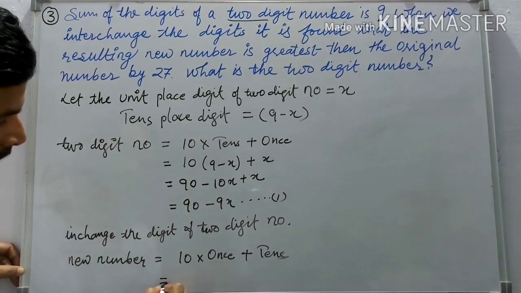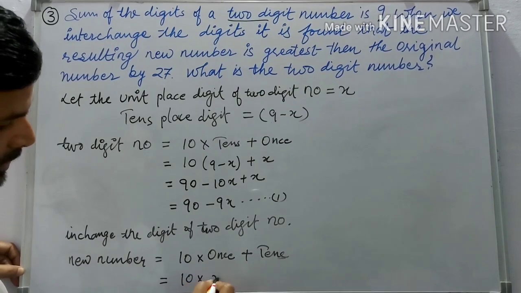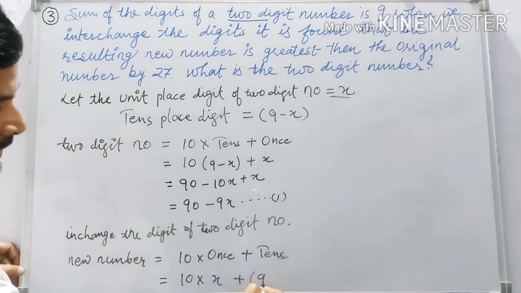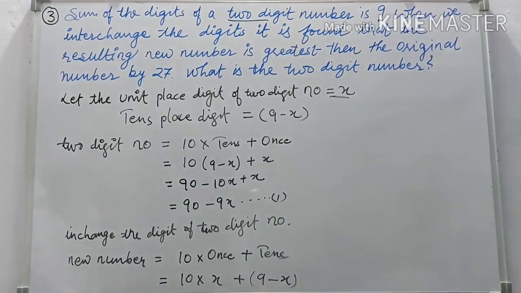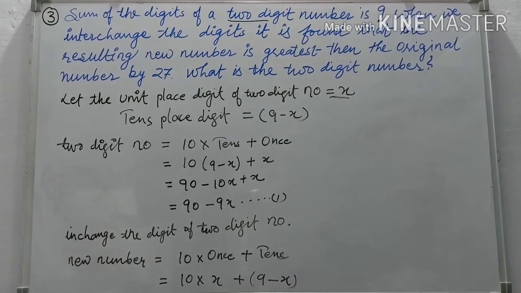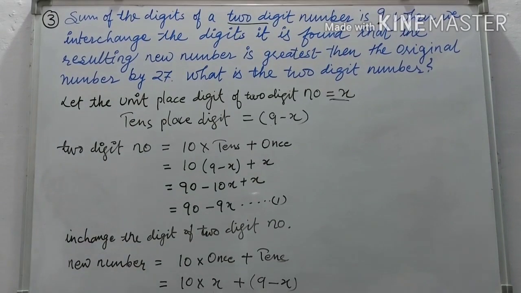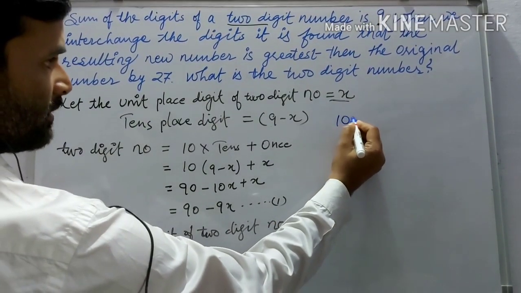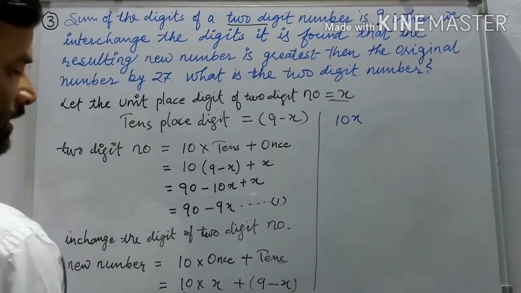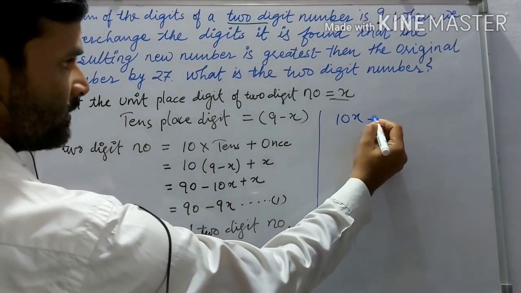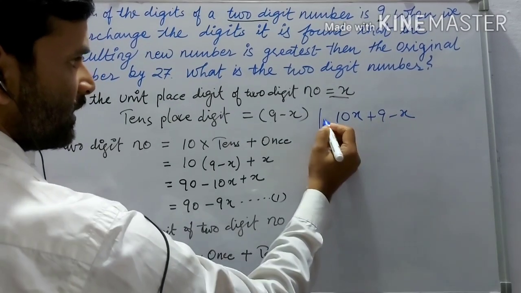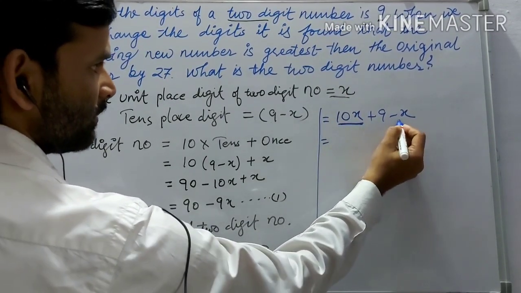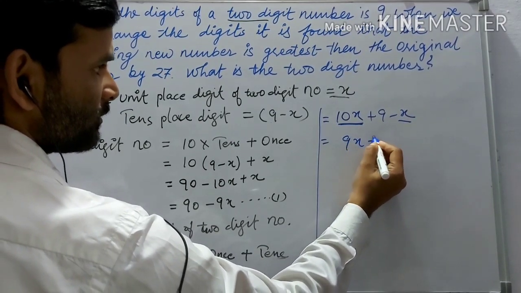Okay, so that is 10 into x, because it's x, and 9 minus x. Now solve. 10 into x is equal to 10x, plus 9 minus x, that is 10x minus x, equal to 9x plus 9.